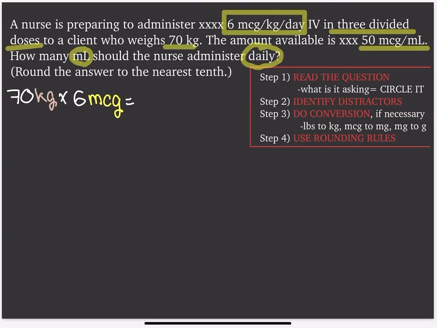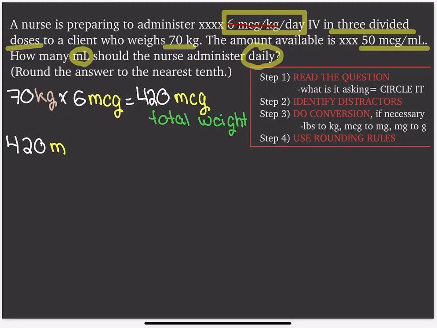And that's going to give us the total amount of micrograms for the total weight of the patient. So that's going to be 420 micrograms. We can go back up to our hub and cross micrograms and kilograms out because we have used them already. We've converted them. So there are 420 micrograms per day.